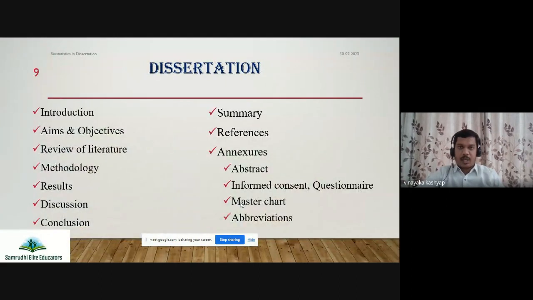So yes, coming to dissertation, what are the various topics under which you are going to write the dissertation? The first one is the introduction, then you'll be writing the aims and objectives of your study, then the heart of the dissertation is your review of literature.